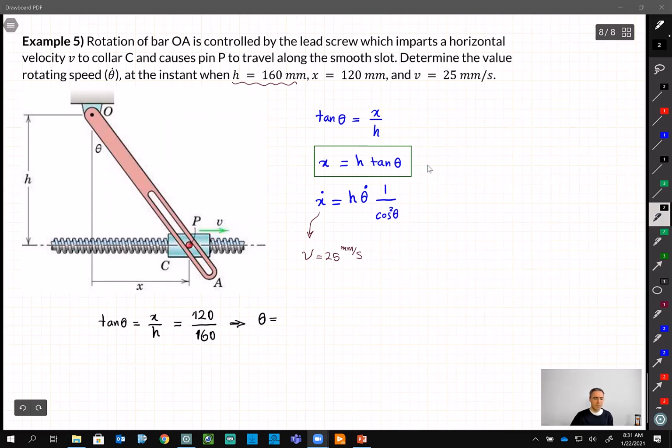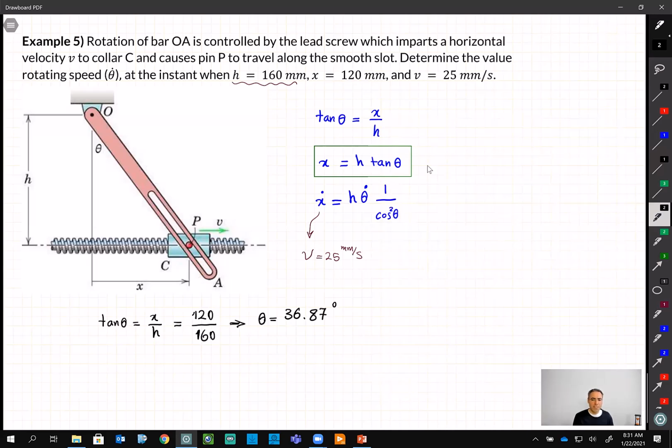Yeah, Casio is great. So if I use my calculator, let's find basically 120 divided by 160. It gives me a nice value of 36.87 degrees. We keep two figures after the decimal point.